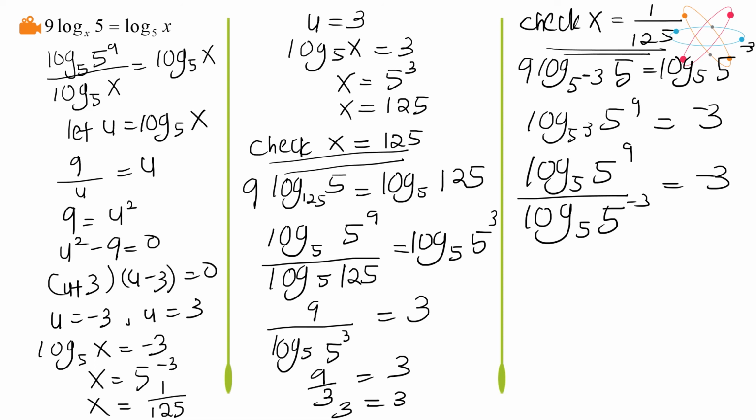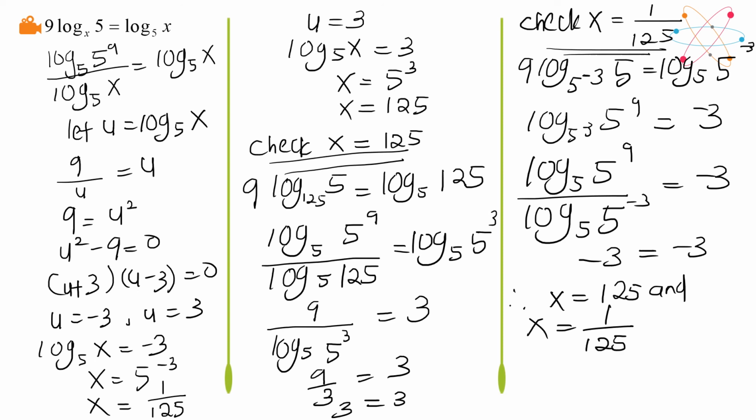Simplify. Now, both sides have the same value. We can conclude that x equals 125 and x equals 1 over 125 are the solutions.